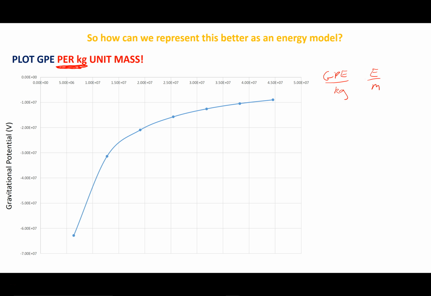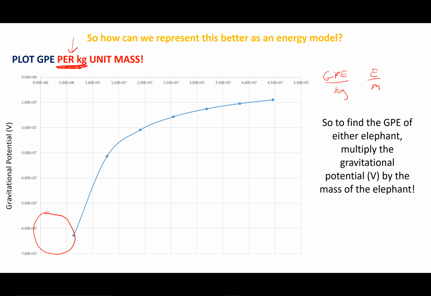And this graph here is what we call a graph of gravitational potential. Gravitational potential is just the potential energy per kilogram, per unit mass. And so this graph represents, if we've got the Earth sat here at the bottom of the potential well, it just gives us a uniform representation of how objects will move due to being in that gravitational field.